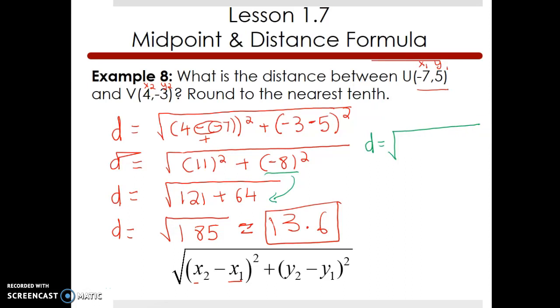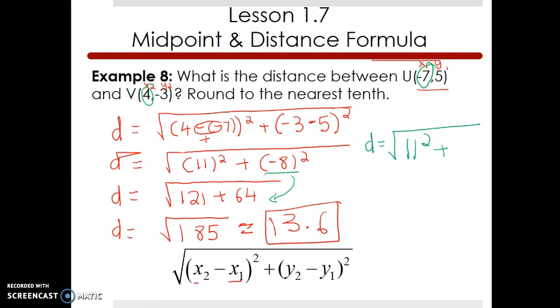I just skip a couple of steps and I just say, well, how far is negative 7 from 4? To get to 0 from negative 7 is 7 spaces, and to get to positive 4 is 4 more. So 7 plus 4, that's 11 spaces away. So I just do 11 squared plus, how much is 5 away from negative 3? 5 to 0 is 5 spaces, and 0 to negative 3 is 3 spaces.